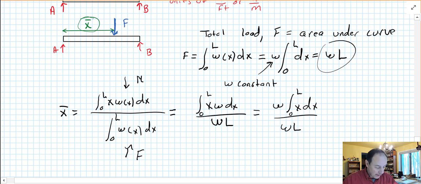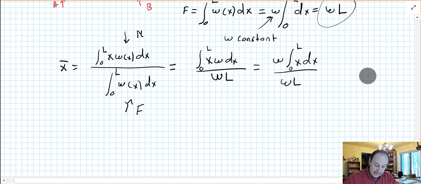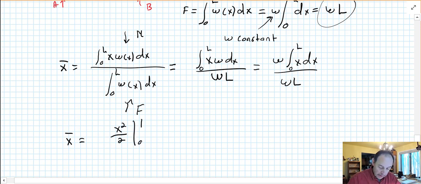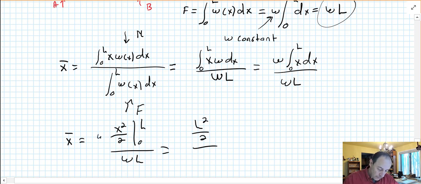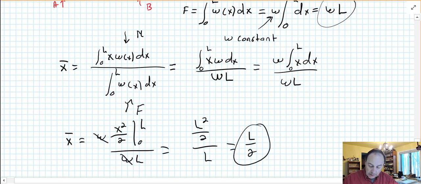Over WL. Okay, continue with this. X bar equals x squared over 2 from 0 to L over WL equals L squared over 2. Those W's go away. And this ends up being L over 2, which is what we knew.